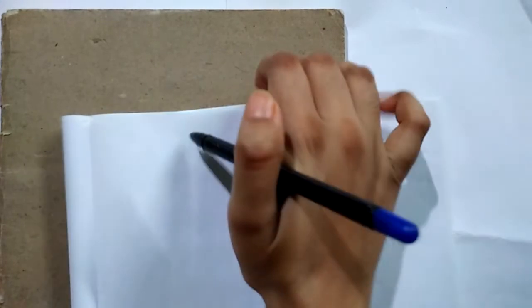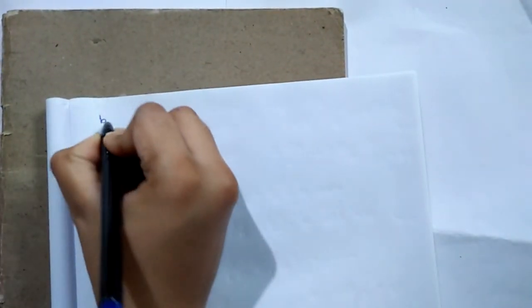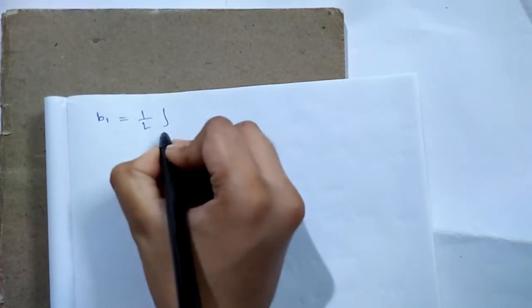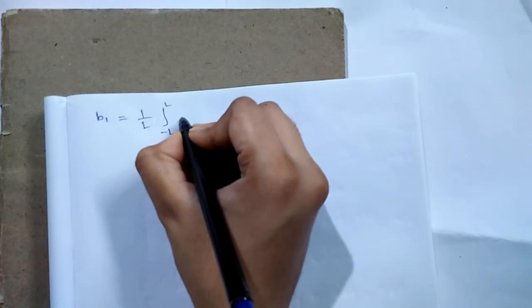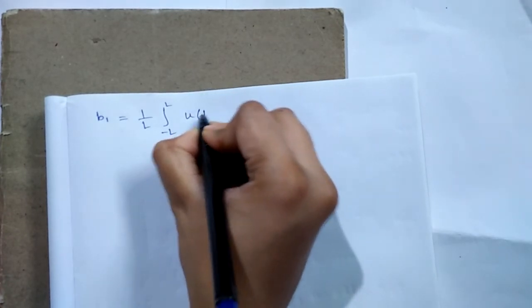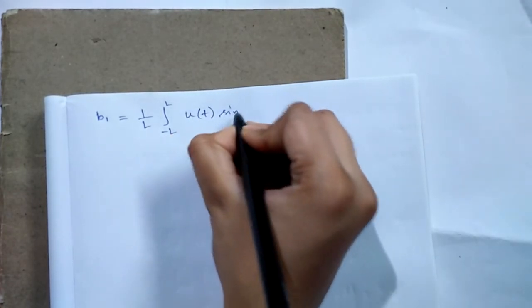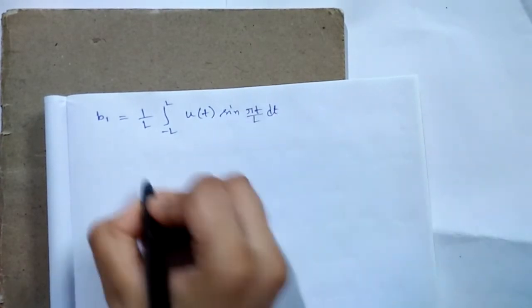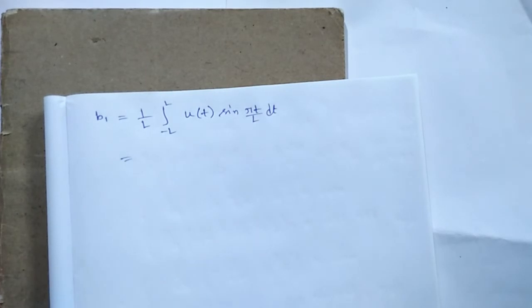So now we are going to calculate b1. This is equal to 1 by L integration minus L to L ut sin n pi t by L dt. N is 1.